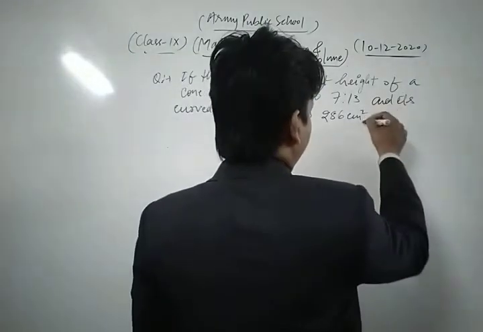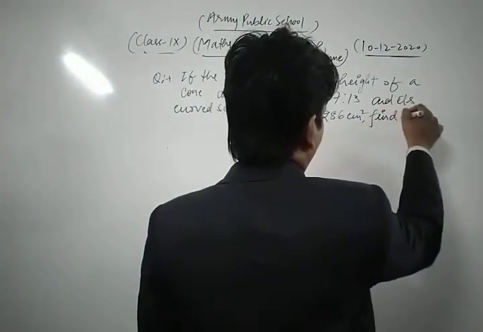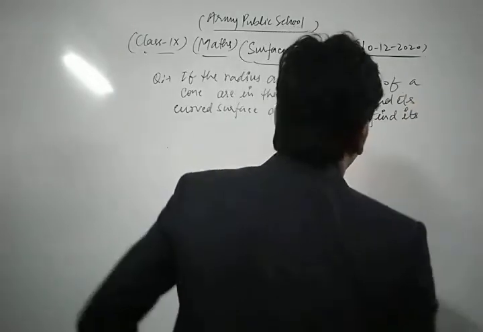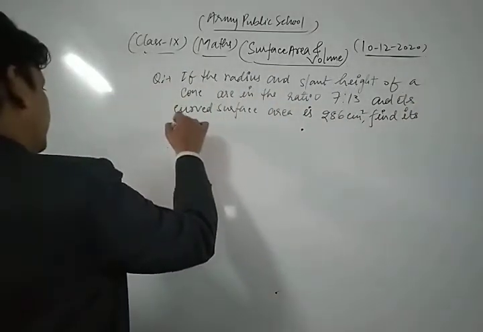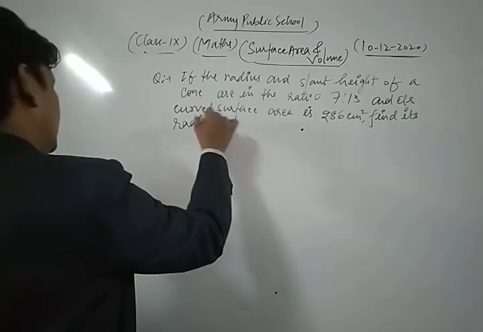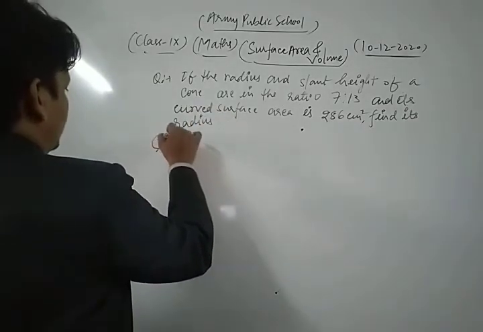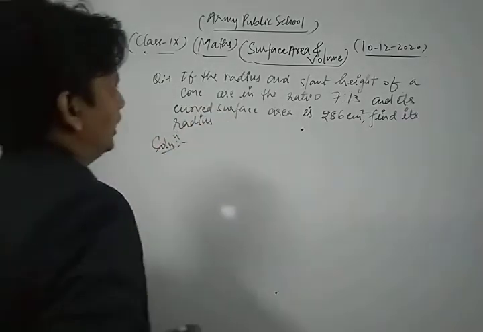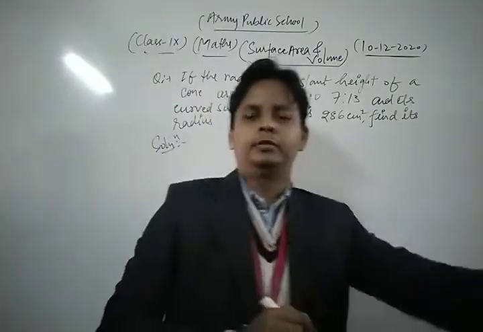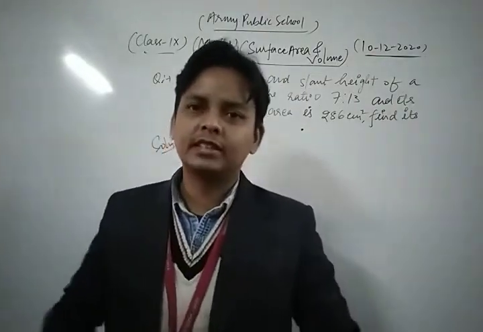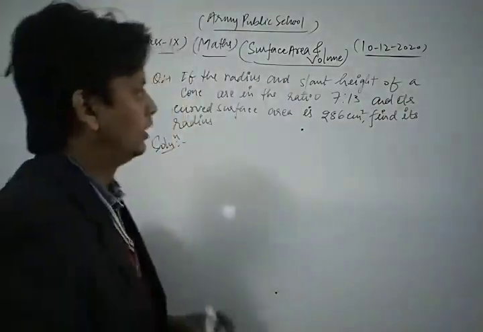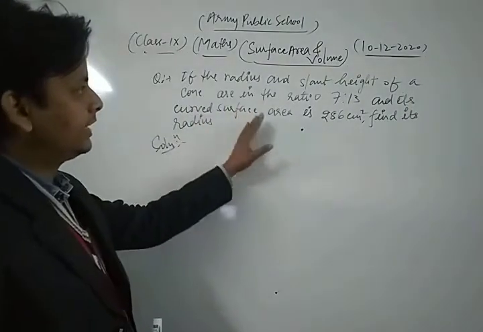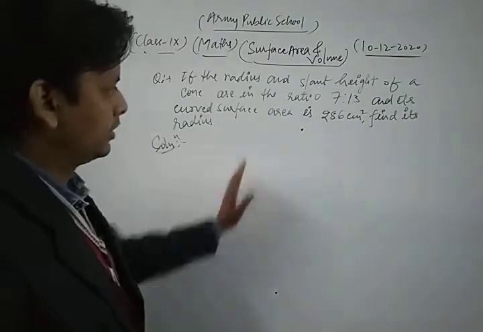Let's see its solution, dear students. First of all, we write the given: the radius and the slant height of the cone are in this ratio.